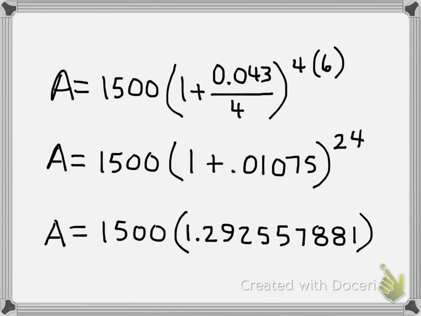We add that to 1 and get 1.01075. We're going to raise that quantity to the 24th power, and we come up with 1.292557881. We multiply that times our principal, which is 1,500, and we should come up with an answer.